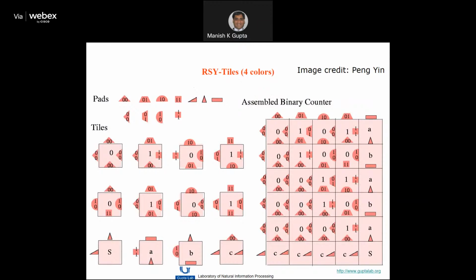This is a very clever scheme discovered by Peng Yin, who is now a professor at Harvard University. I knew him when he was doing his PhD at Duke. In his thesis he created these things. So when you blow up the bits, what is happening? Normally in error correcting codes, if you want to protect the information, you introduce redundancy into the system.